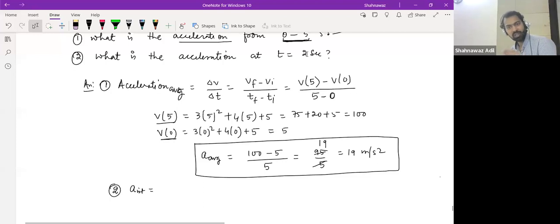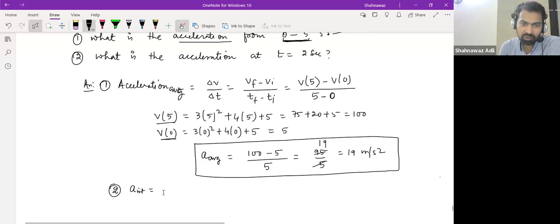So at a particular instant, they want us to calculate the acceleration, right? That would be instantaneous acceleration, and the form of v is given, right?